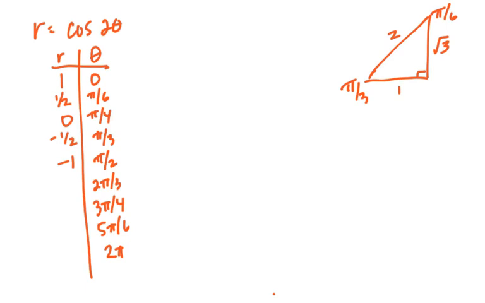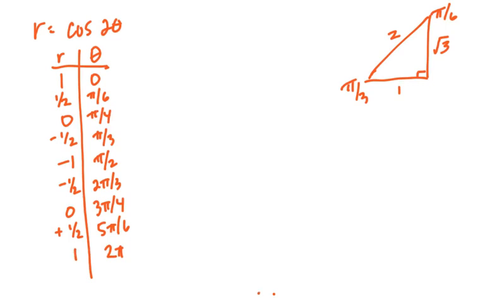Cosine of 4 pi over 3 is in the third quadrant, and it's -1/2. Cosine of 3 pi over 4, when you multiply by 2, becomes 6 pi over 4, which is 3 pi over 2, and the cosine of that is 0. Cosine of 10 pi over 6 is 5 pi over 3, fourth quadrant, +1/2. And cosine of 4 pi is 1.